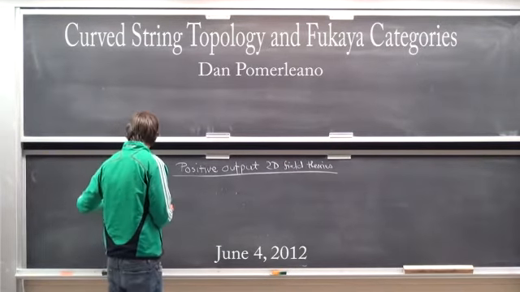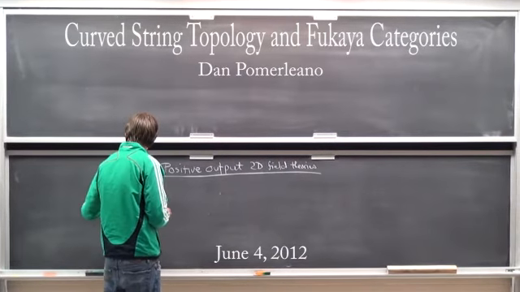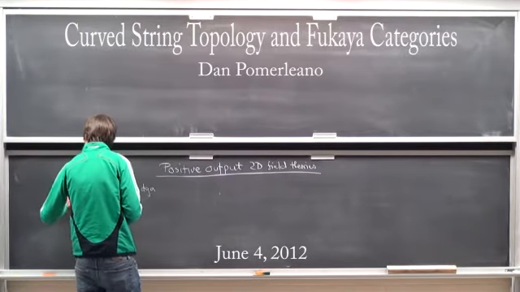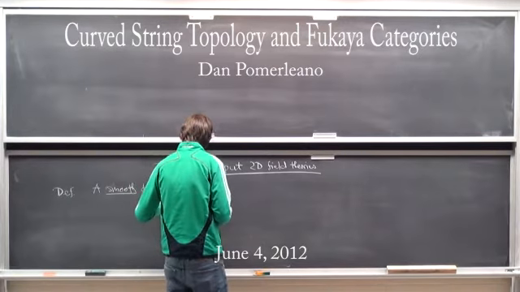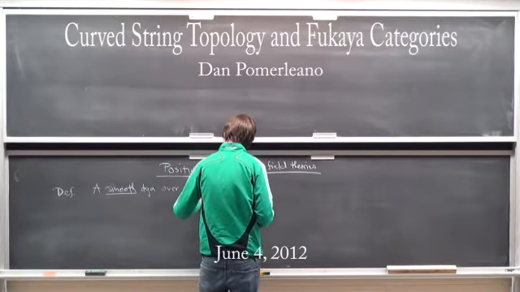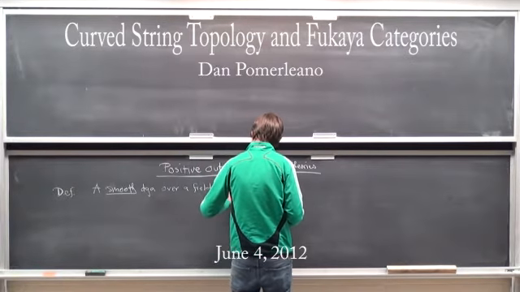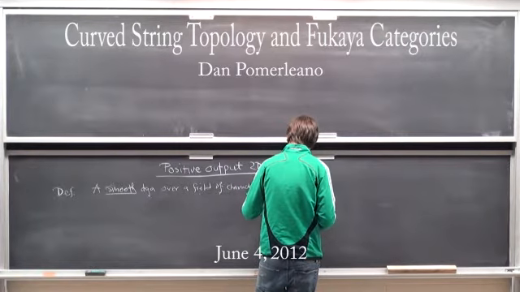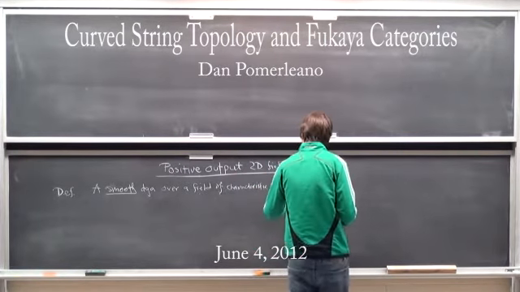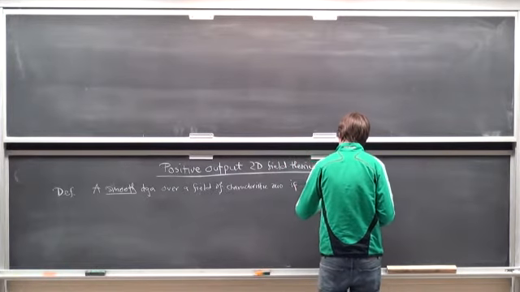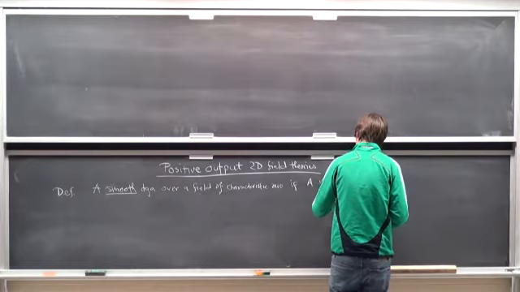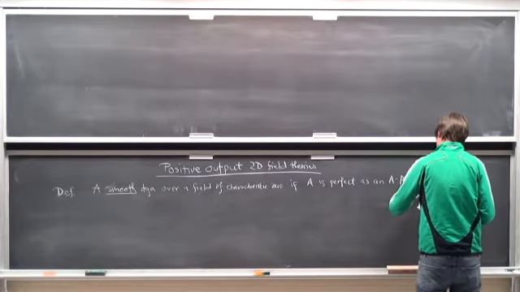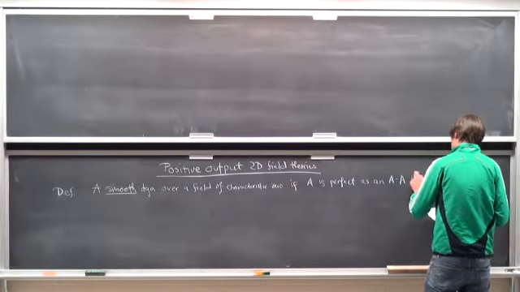So A is a smooth DGA. This is a definition over a field of characteristic 0. If A is perfect as an AA bimodule, what does that mean?